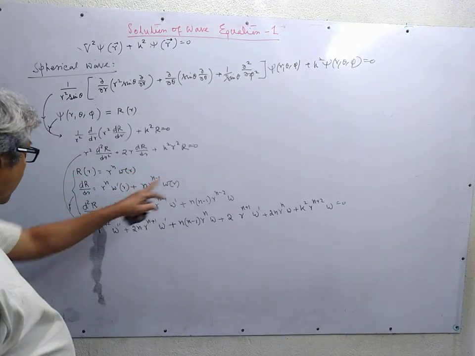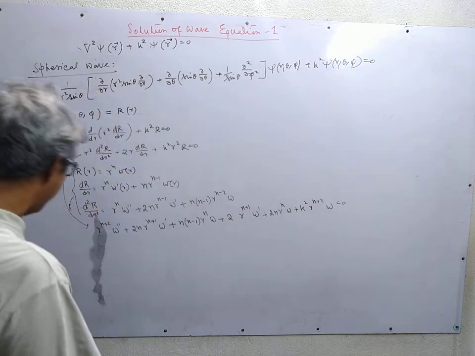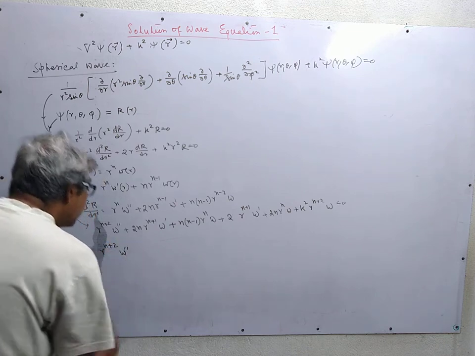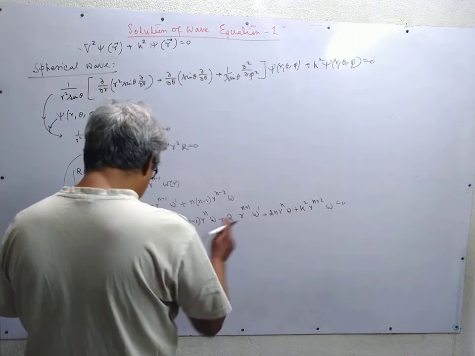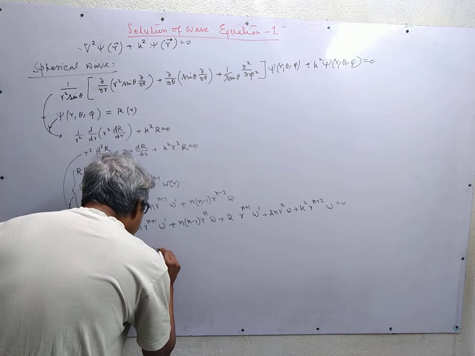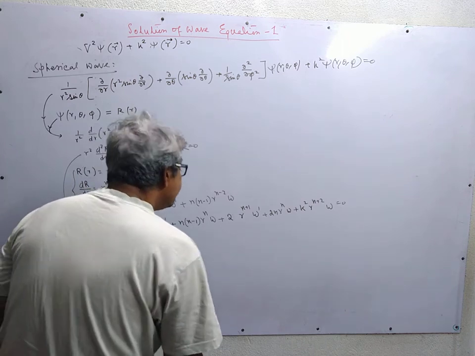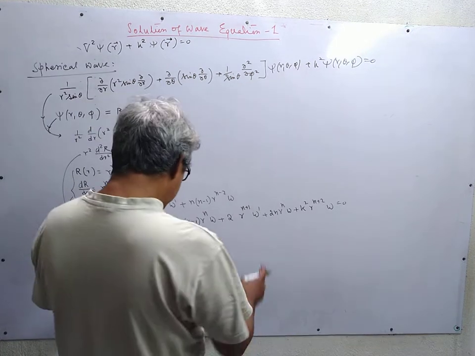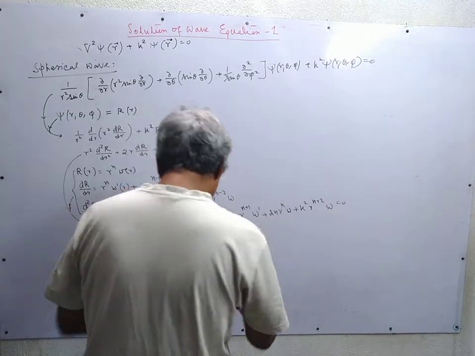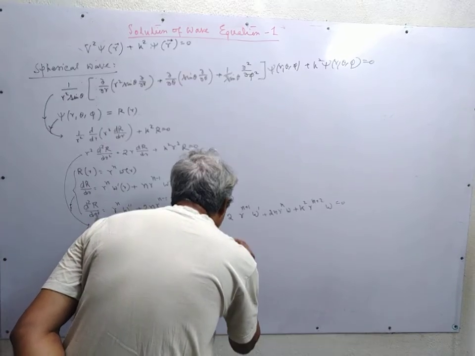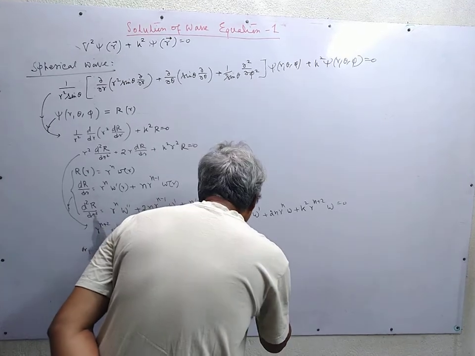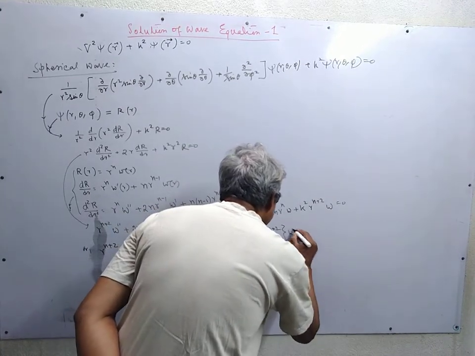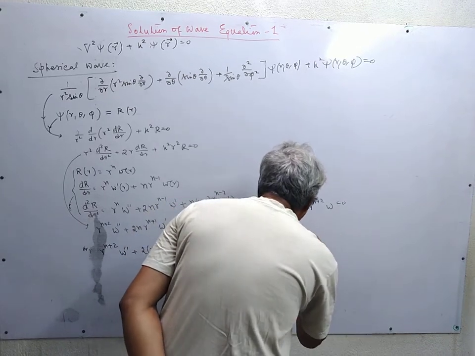If we collect terms, we have r to the power n plus 2 w double derivative, then for the first derivative term 2 times n plus 1 r to the power n plus 1 w prime, and then these terms when coupled together give n into n plus 1 r to the power n, plus k square r to the power n plus 2, the entire thing multiplied by w. So this is the resulting equation in terms of w.